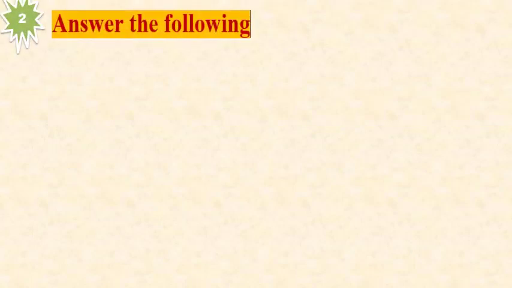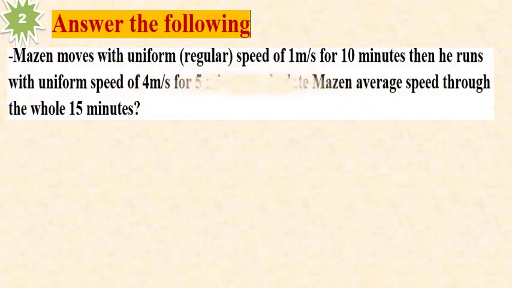Second question, you have to answer the following problems. Number 1, Mazen moves with a uniform regular speed of 1 meter per second for 10 minutes. Stop. Mazen moves with uniform speed, so he has no acceleration. Then the time is 10 minutes, so I can convert time to hour or second.